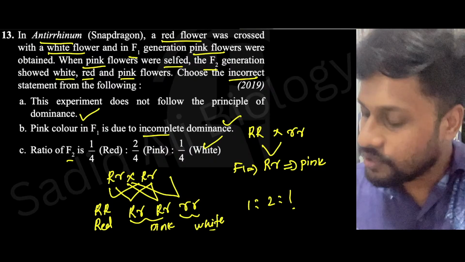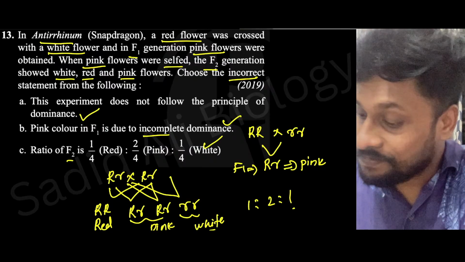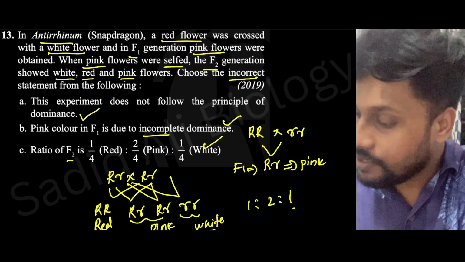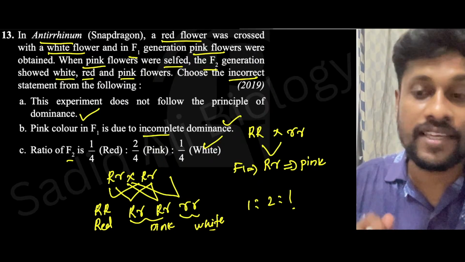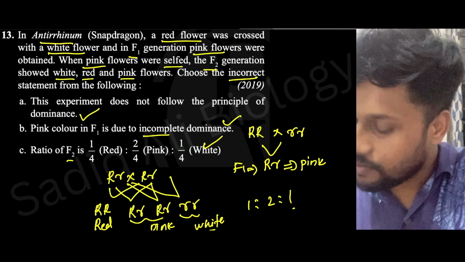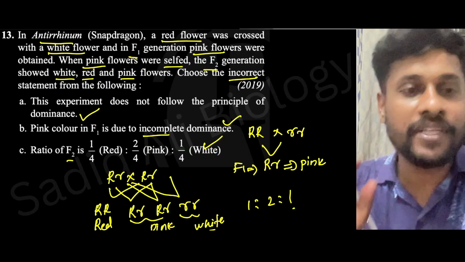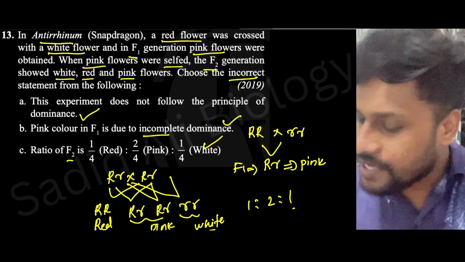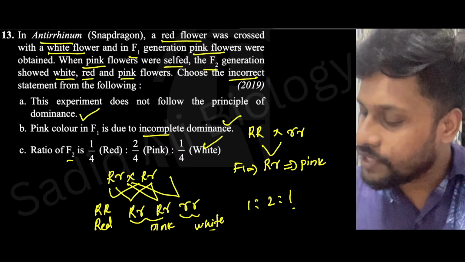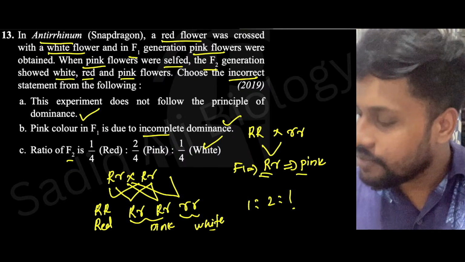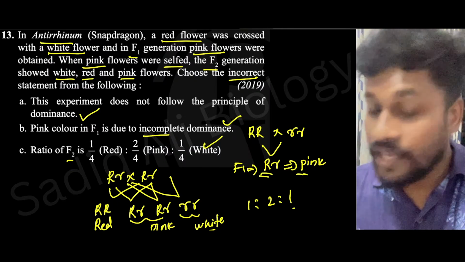This is also true. I think they're asking incorrect now. I think one option is missing here. Okay. B is correct only. Pink color in F1 is due to incomplete dominance. Yeah, that is true. So D will be the answer.